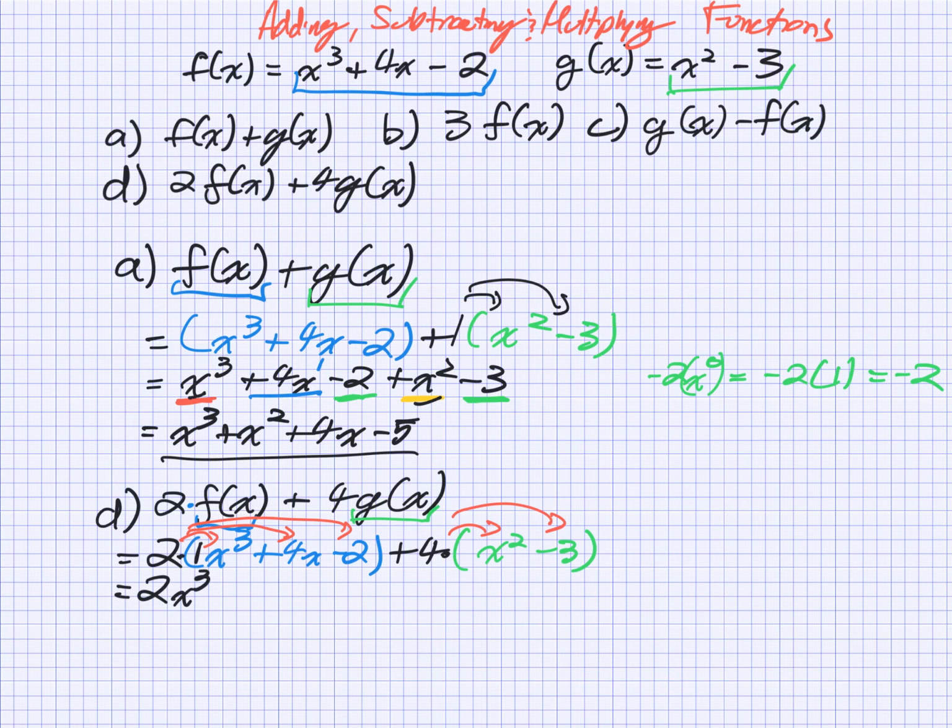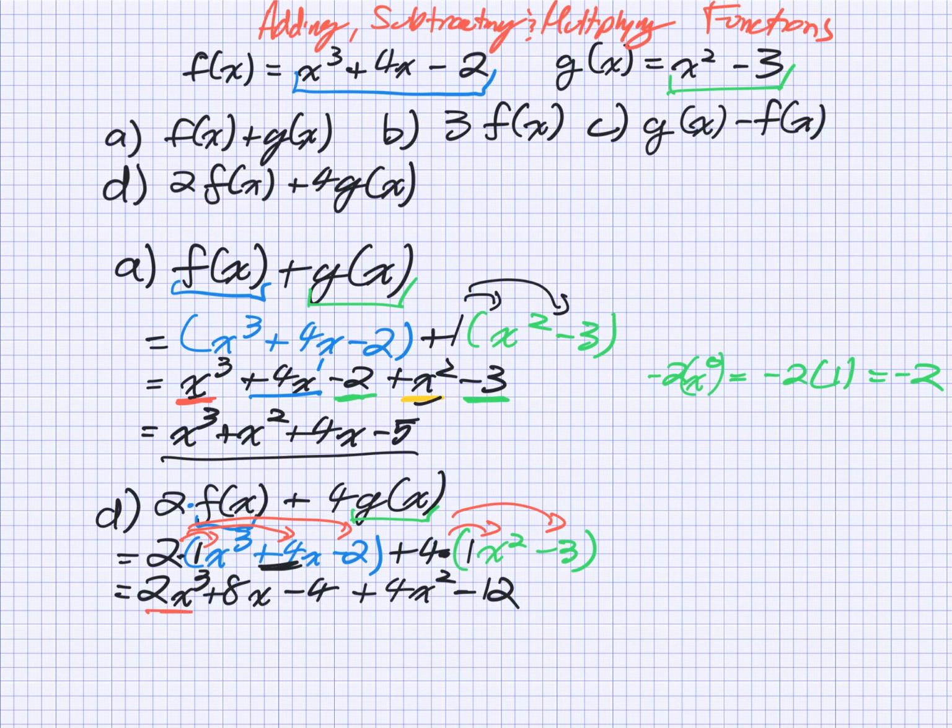The variable doesn't change. Same idea here. The variable is going to stay the same, but this time 2 times positive 4 will give us positive 8. And then finally 2 times negative 2 will give us negative 4. In the next set of brackets we have 4. 4 times x squared, or 1x squared, will give us positive 4x squared. And then 4 times negative 3 will give us negative 12.